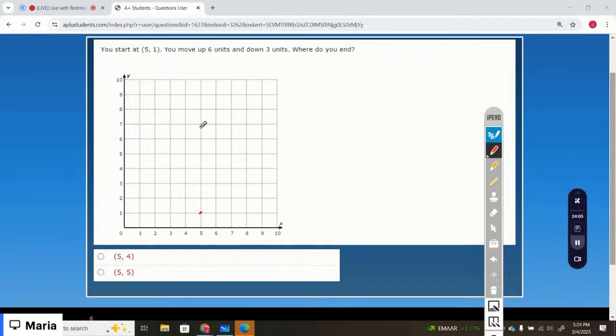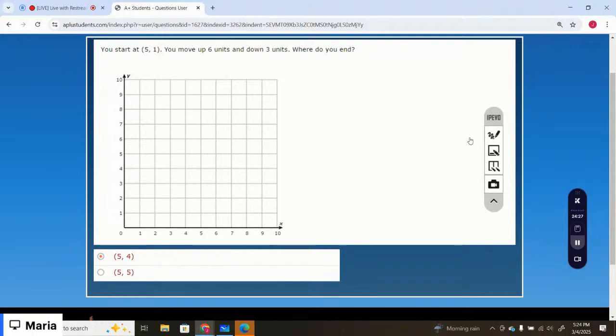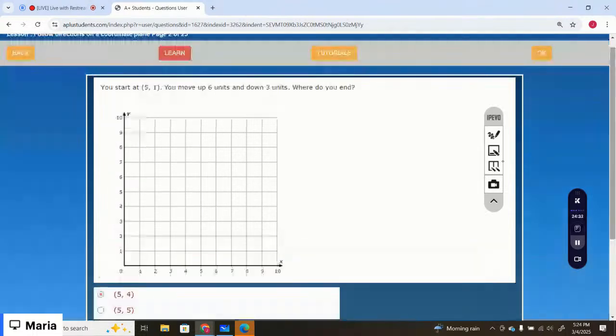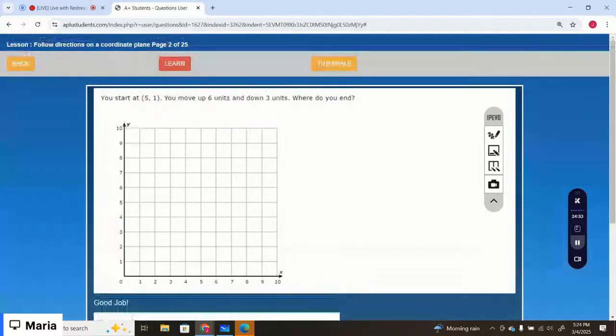And down 3 units: 1, 2, 3. So you end up on 5, 4. Option number 1 is the correct option.